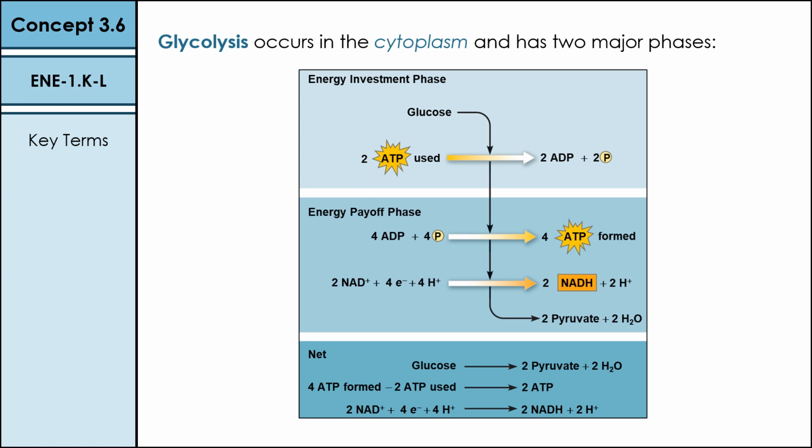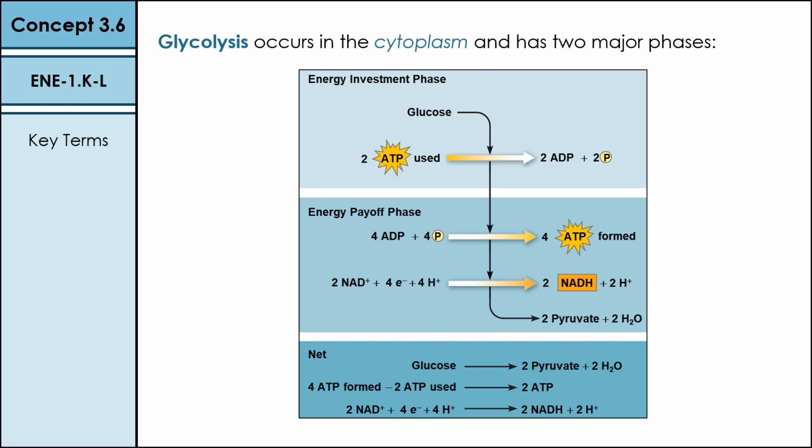This energy investment phase is followed by our energy payoff. So through a series of further reactions, we're producing twice as much ATP as we initially put in. So net, we're getting 2 ATP out of this process. We're putting 2 in, we're getting 4 out. So overall, we're getting 2 ATP from this process.